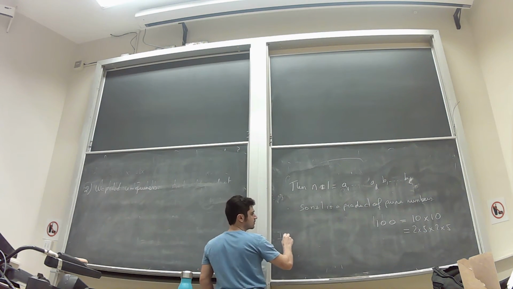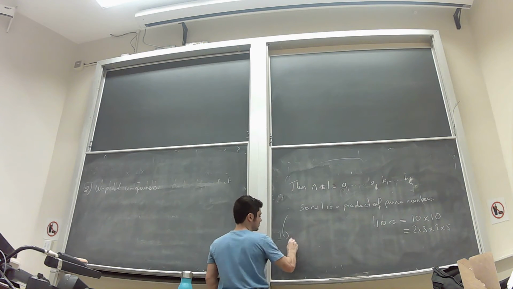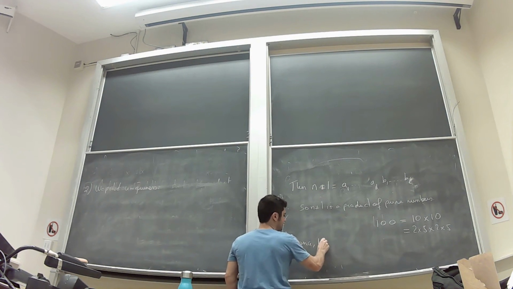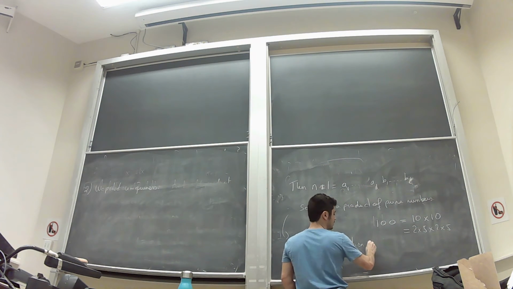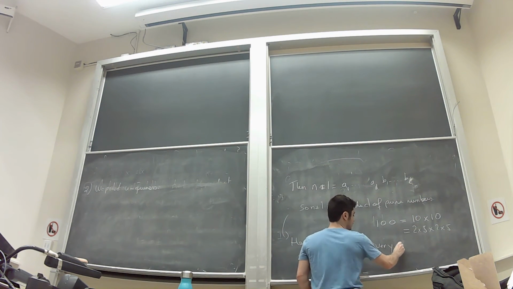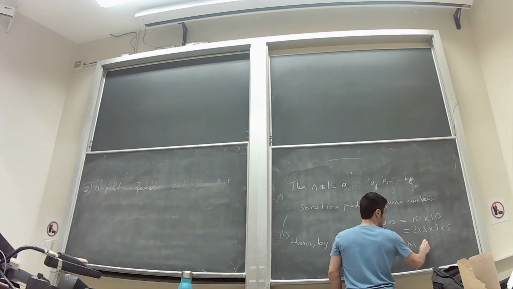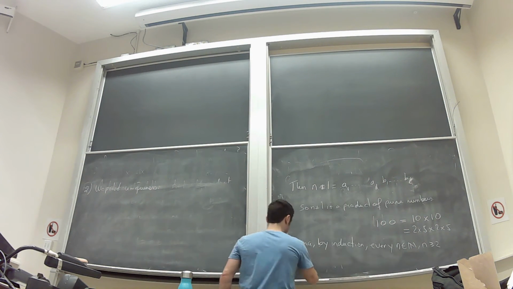Hence, by induction, every n in N bigger or equal to 2 is a product of prime numbers.